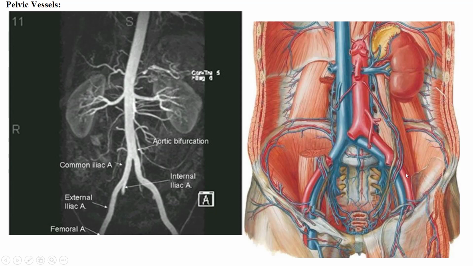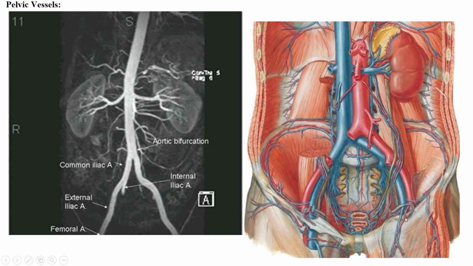When you're looking for these on axial images, you'll notice that the internal and external iliac veins are medial to the arteries. So arteries are lateral, and veins are medial to the arteries. The external iliac vein and artery come down through the inguinal canal, and once they pass through the pelvis, they become the femoral artery and vein.